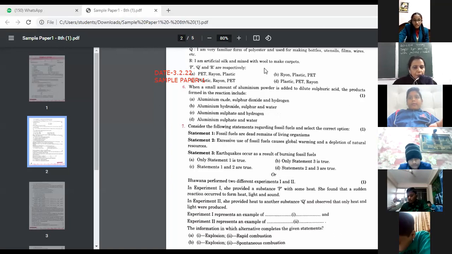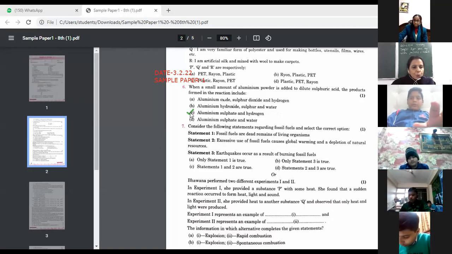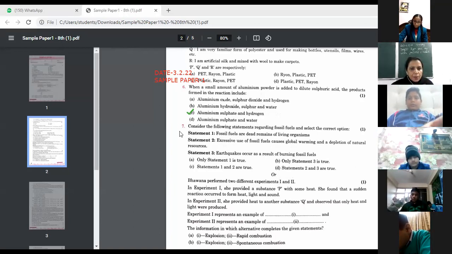Yes, aluminium sulfate, because it reacts with the sulfuric acid, aluminium sulfate will be formed and hydrogen is released, because the formula of sulfuric acid is H2SO4. SO4 gets connected with the aluminium, aluminium sulfate is formed and hydrogen is released. So your option C is correct.